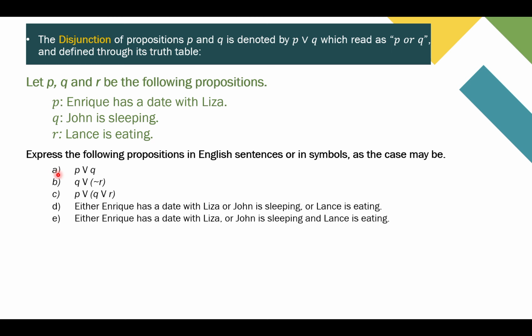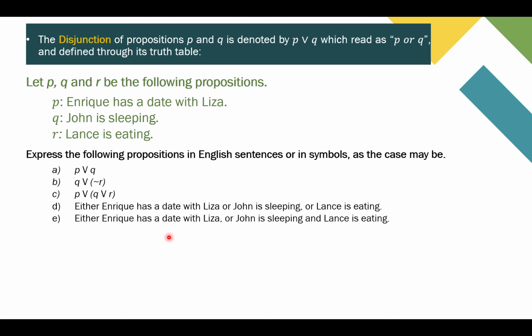For A, P or Q. For B, Q or not R. C, P or Q or R. And then for D, either Enrique has a date with Liza or John is sleeping or Lance is eating. For the last one, they are the same, but the placement of the comma is different. So, how would we write that in symbols?